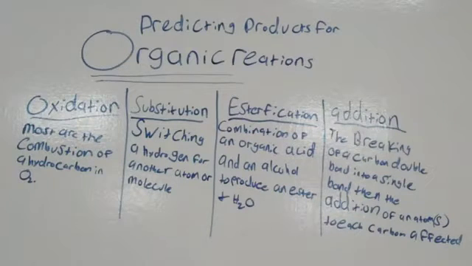Milder oxidations will cause, if a primary alcohol is being oxidized, it will produce an aldehyde, and if a secondary alcohol is being oxidized, a ketone is produced. For more on the combustion, see the combustion section of this video.